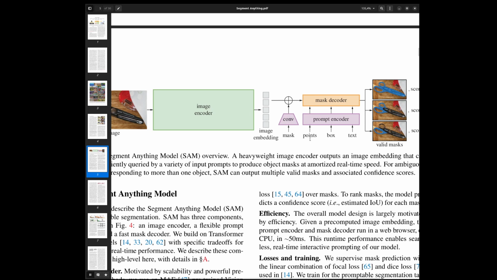And a point can also be represented as a mask, it's just maybe four pixels. Maybe it's not enough information. That's what I'm thinking: a mask gives you too much information, and a point gives you too little. So for a point you need to encode it, maybe extract more.